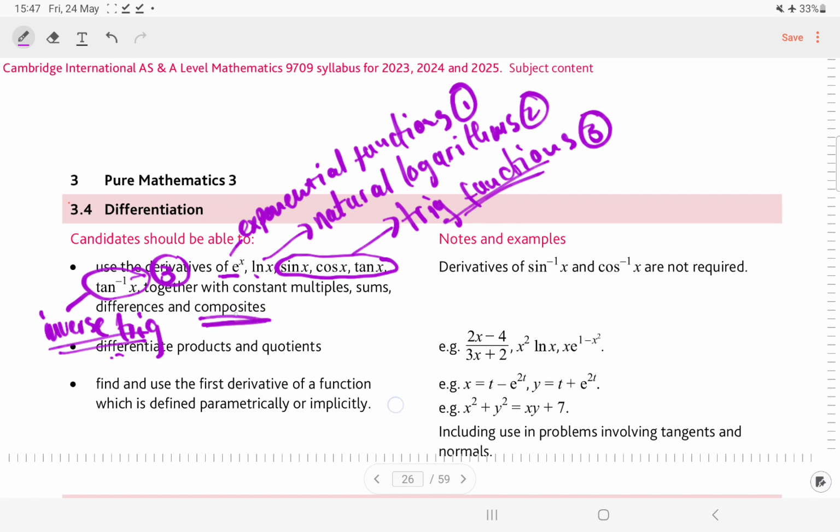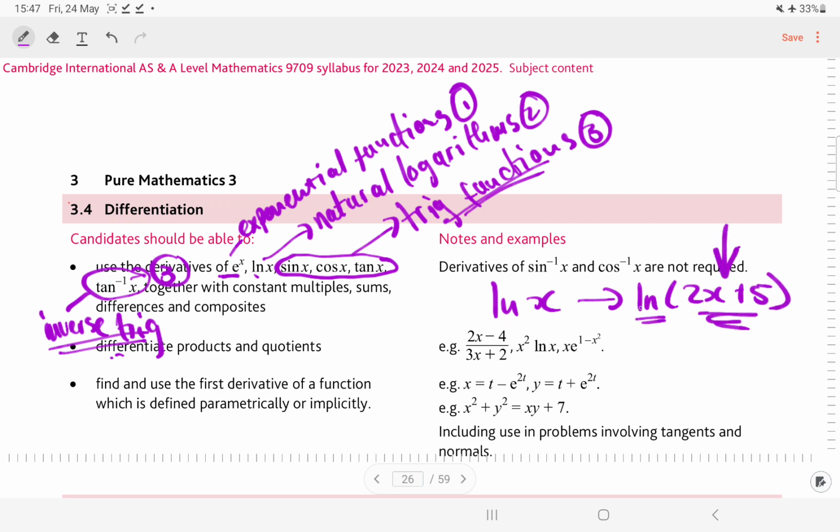Okay, and composites. Composites is when you have one function inside another, like instead of ln x, we say ln of 2x plus 5, okay? So we have this inside ln. It's now a lot of stuff inside here. It's no longer just an x. So we have to know how to do those. Anyway, we're going to see that.